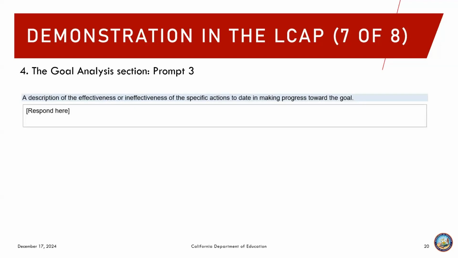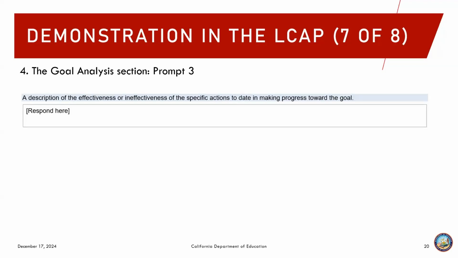Then the fourth section within which we demonstrate the increased or improved services requirement is in the goal analysis section, specifically in prompt 3, where we're looking at the effectiveness or ineffectiveness of the specific actions in making progress towards the goal.